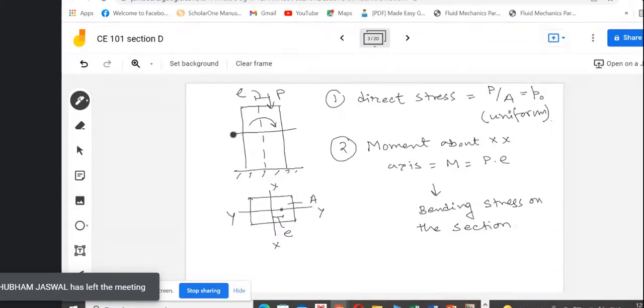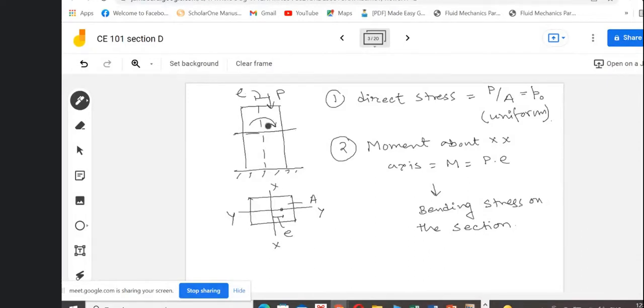So if this is our section which we have seen here, it is affected by two things. One is the bending moment, and due to that the bending stress that is also acting perpendicularly on this section. Second is the load acting on the section, which also has a perpendicular stress, that is direct stress.